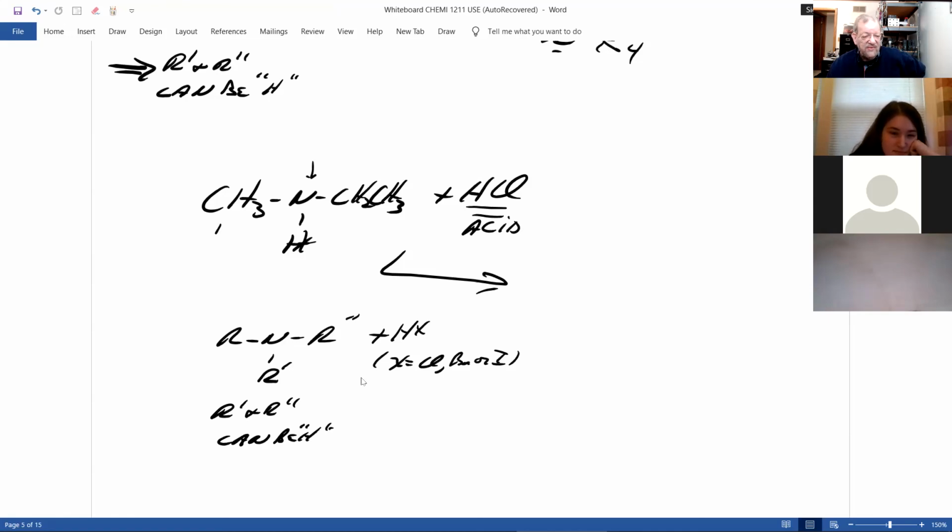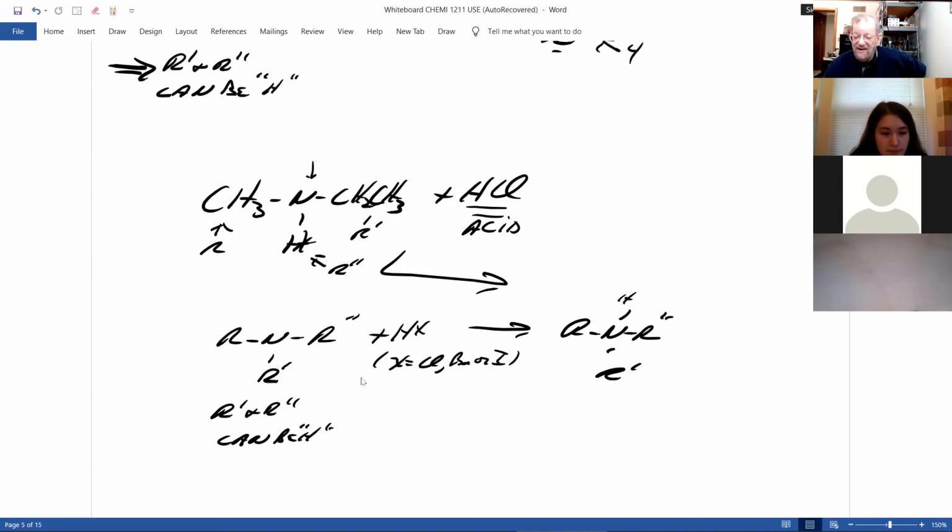In this case, this I'll call R, it doesn't matter what you call R prime. And R double prime is a hydrogen. And what do we get? We get an amine salt. And don't forget the anion there.